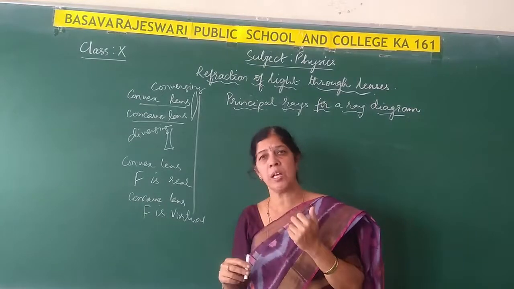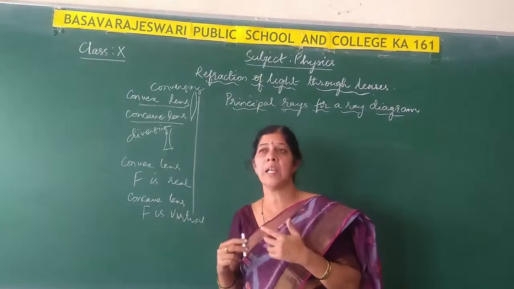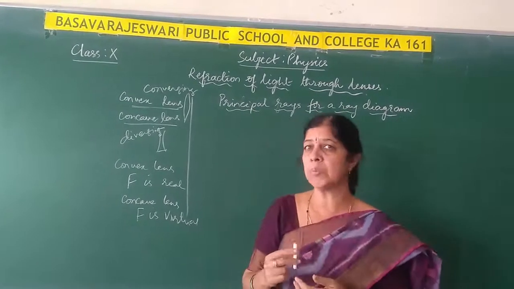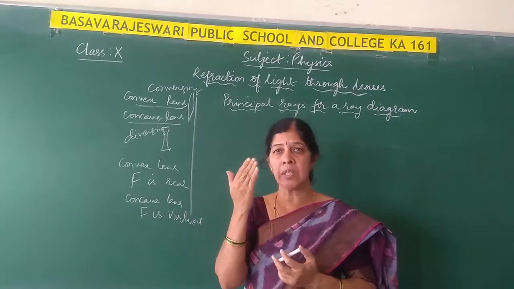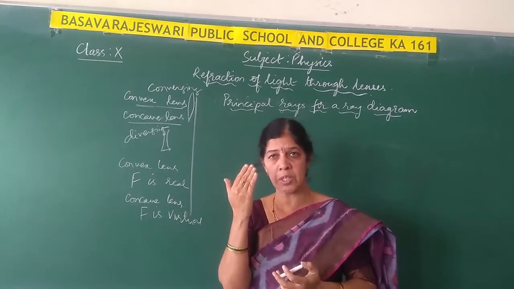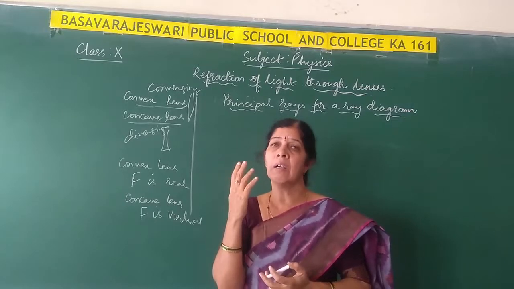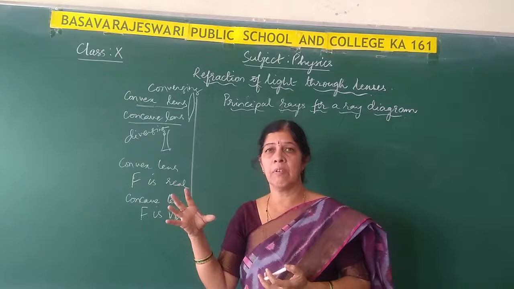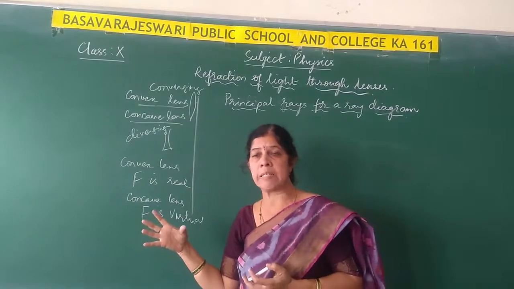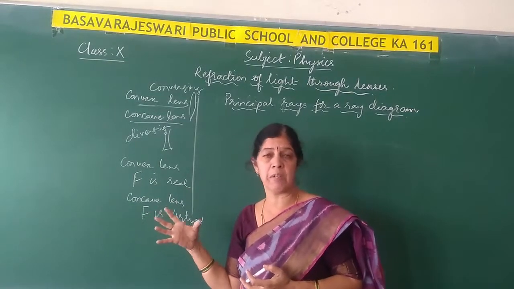Inside our eyes also there are lenses, is it not? Each eye has a lens. So whenever you are looking at any object, then what happens? The light rays from the object, they enter the lens which is there in the eye, and those rays will undergo refraction and the image will be formed on the screen, that is retina, which is present in our eyes.